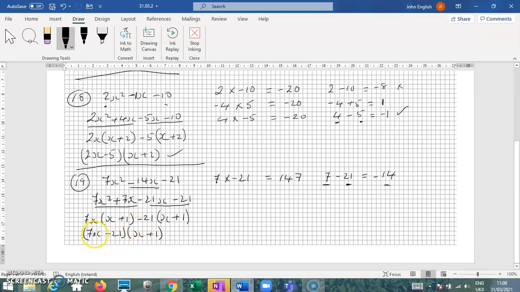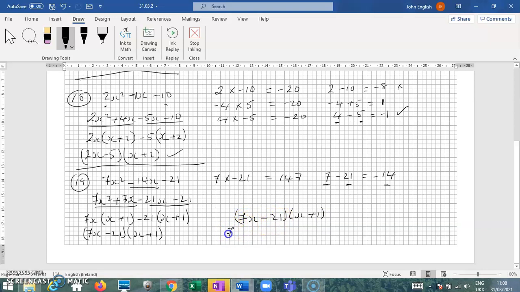Now there is one other stage we can do, and we haven't done this before, but if we get as far as here then that's fine. But we could take the 7x minus 21 and redistribute that again to get another factor. But let's just do it over here. So we've used 7x minus 21 into x plus 1. I hope this doesn't confuse you. I can actually divide 7 into both of these terms here.